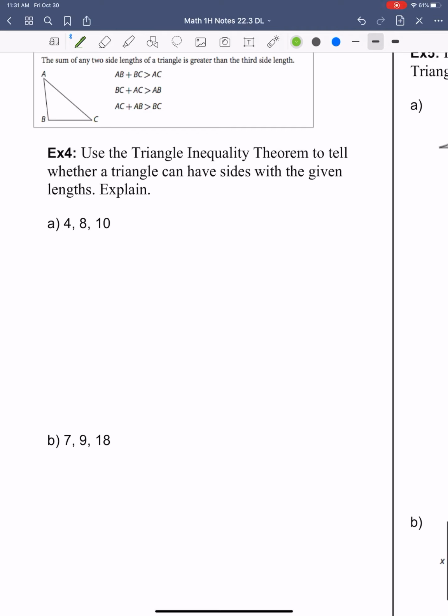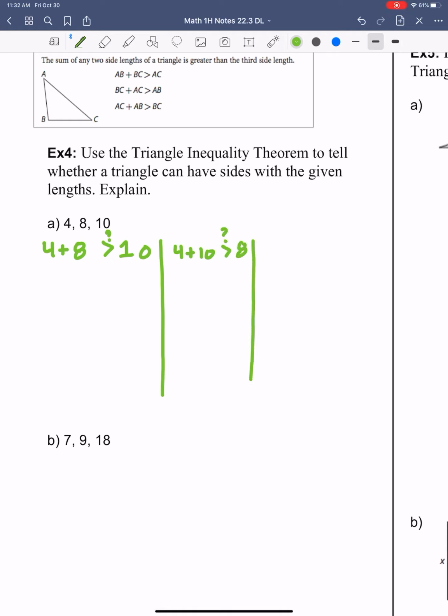And there's basically three criteria here. If I take 4 plus 8, that's two of my side lengths. It needs to be greater than the remaining side length. I'm going to put a little question mark there. That's the first option. Then if I do 4 plus 10, it needs to be greater than 8.